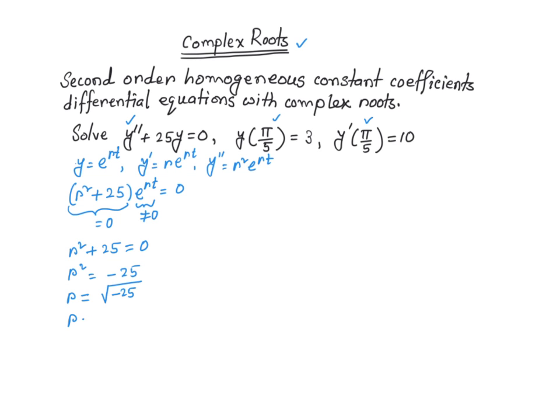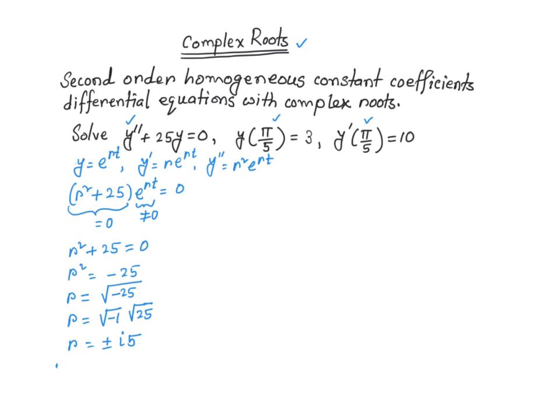That's going to give me r is equal to square root of negative 1 times square root of 25, or r is equal to plus or minus i times square root of 25, which is basically 5. So that's your solution.